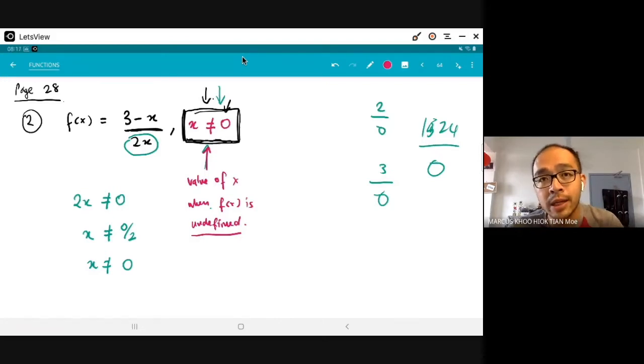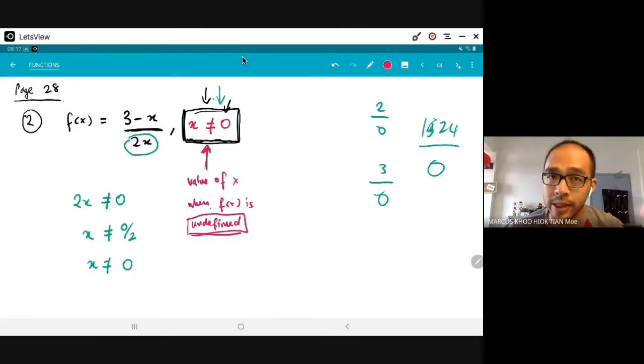Tapi sebenarnya the correct terminology, ungkapan yang sebenarnya betul adalah perkataan inilah, undefined. Dalam bahasa Melayu dipanggil tidak tertakrif. Means dalam calculator kamu akan dapat jawapan math error, tak boleh lah. So ini adalah sangat penting.